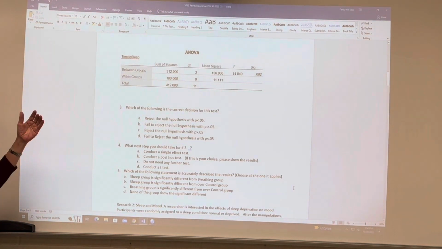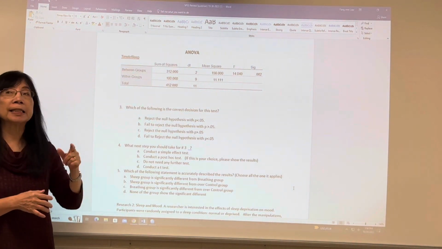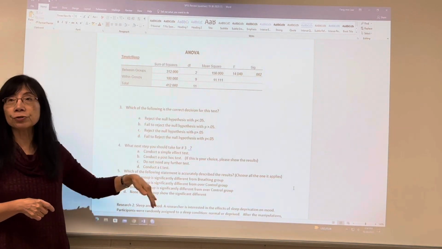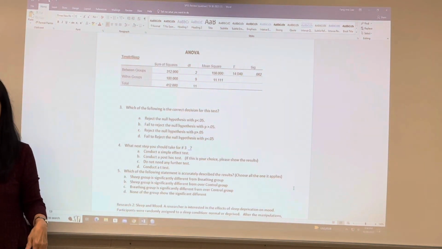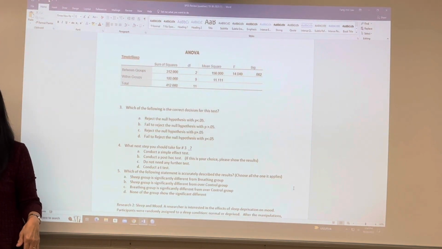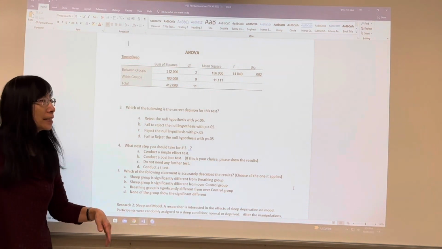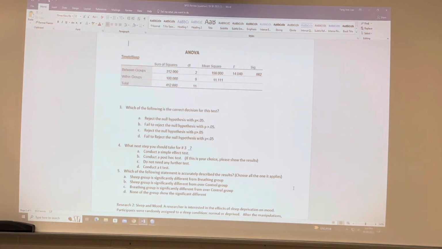Which number should we look at to make a decision? Which number here should you use? 6. You say 6? Yes. So let's highlight the 6. This is the number.